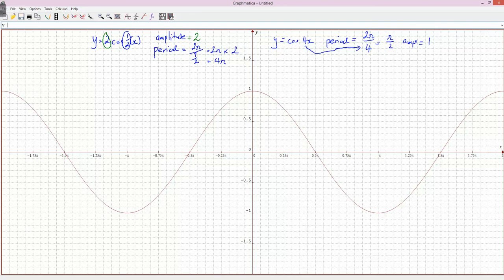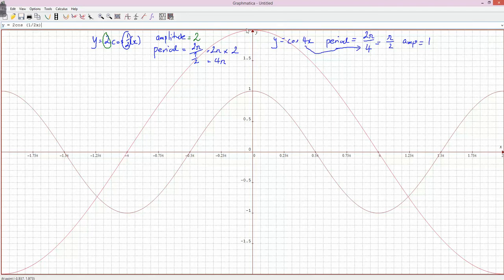So y equals 2 cos 1/2 x, or we can put 1 divided by 2x. Okay, and what happened there? Amplitude is 2, but this is not what I was predicting. Okay, so I'm not too sure what has happened here, to be quite honest.